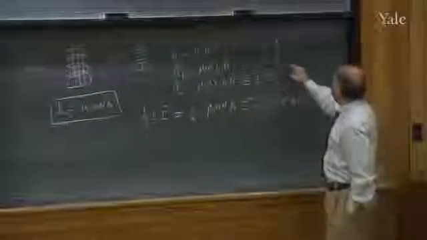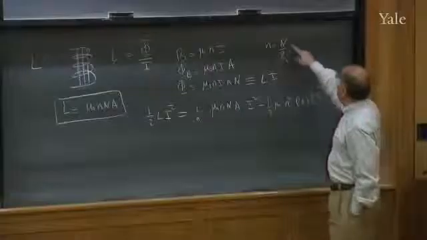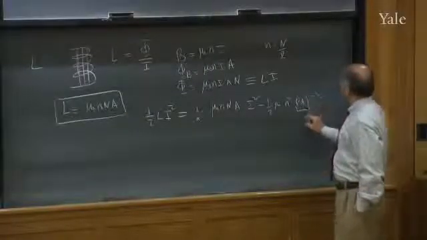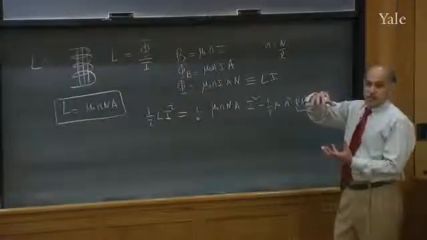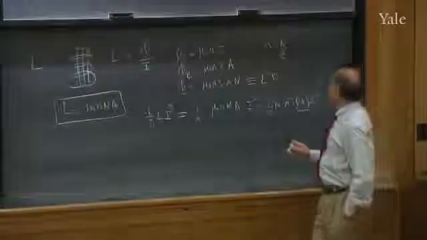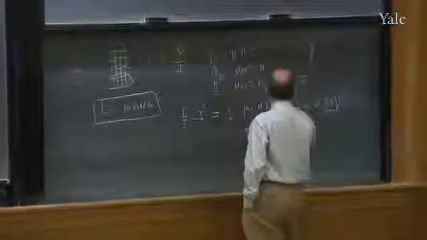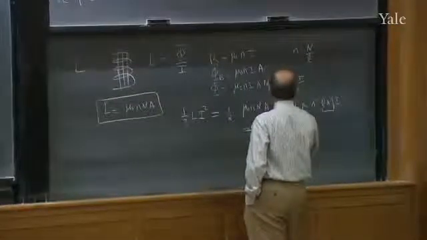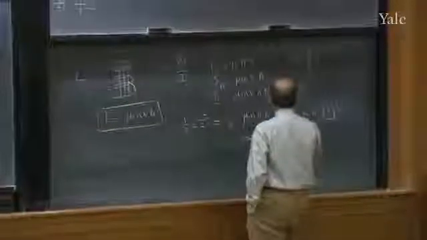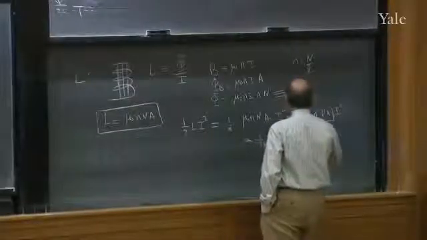In other words, I've used this formula to write little n as big N over L. L times A is the volume in which there is a magnetic field. So this looks like 1 over 2 mu 0 times (mu 0 n I) whole squared times L times A.